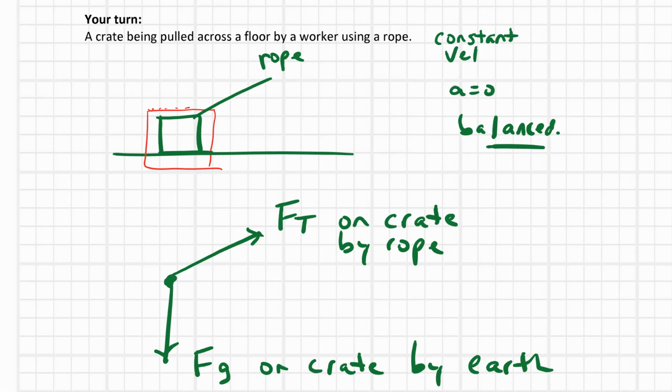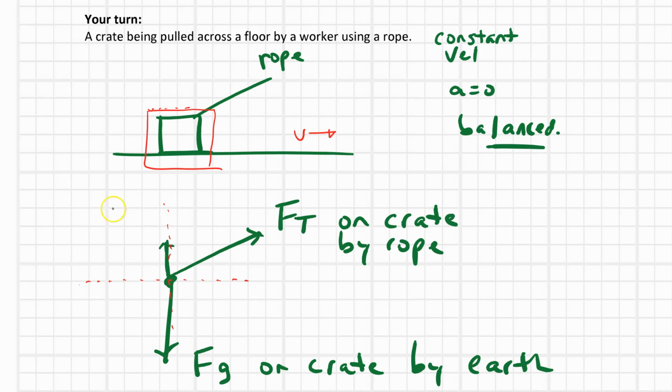All right, so here are the easy ones. Again, I'll put in my horizontal and my vertical components, because it's moving this way, so I should definitely have that horizontal and vertical. The tension force and the force of gravity are the easy ones to put in, but then, when you think about it, what else is there? Well, the floor is also pushing up on it, so I'm going to put the floor up.